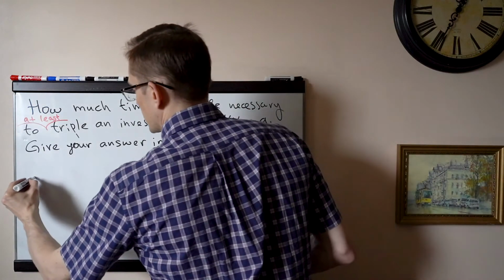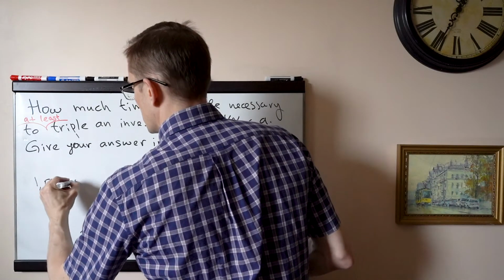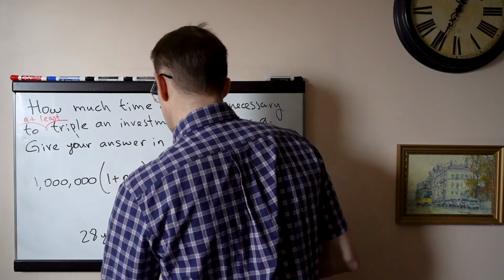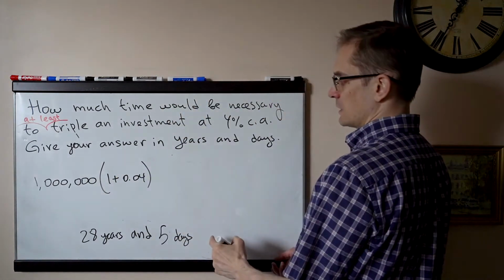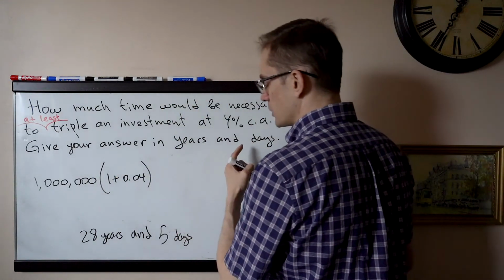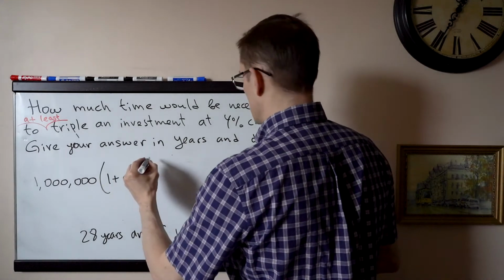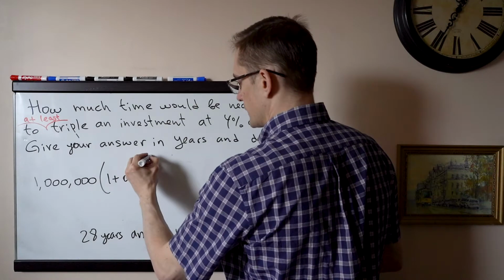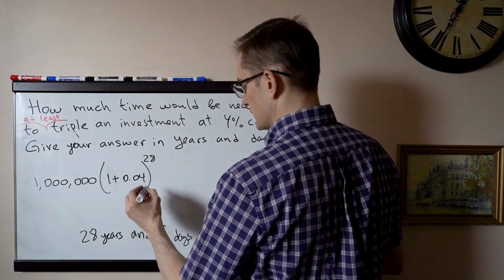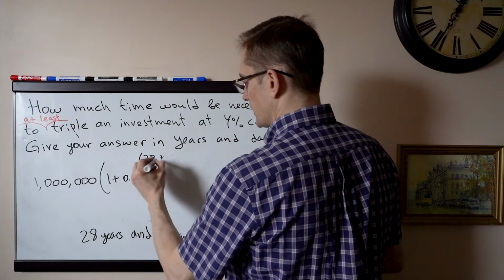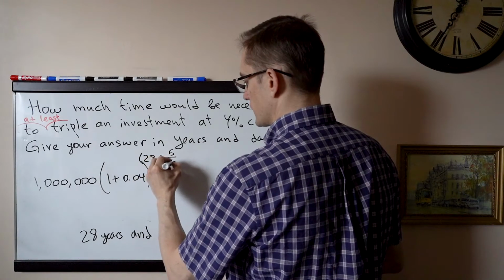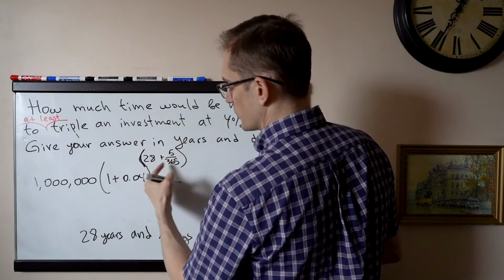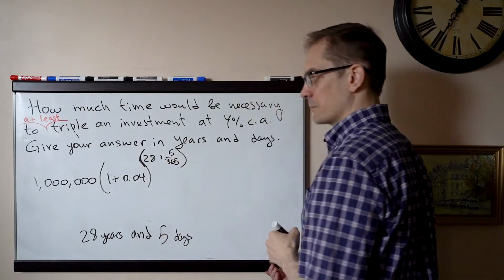So I'll take $1 million and invest at 4 percent a year, compounded annually, and that means I'll wait for 28 years plus 5 over 365, right? So that will be my exponent, 28 plus 5 over 365.